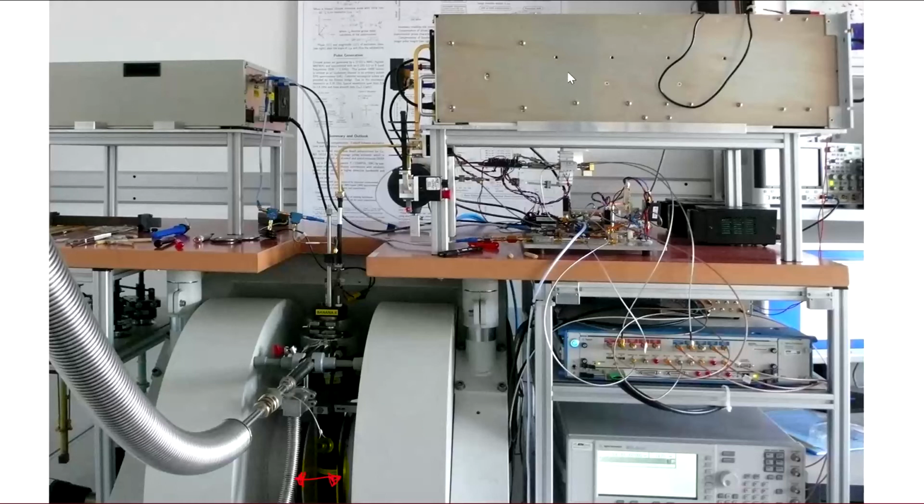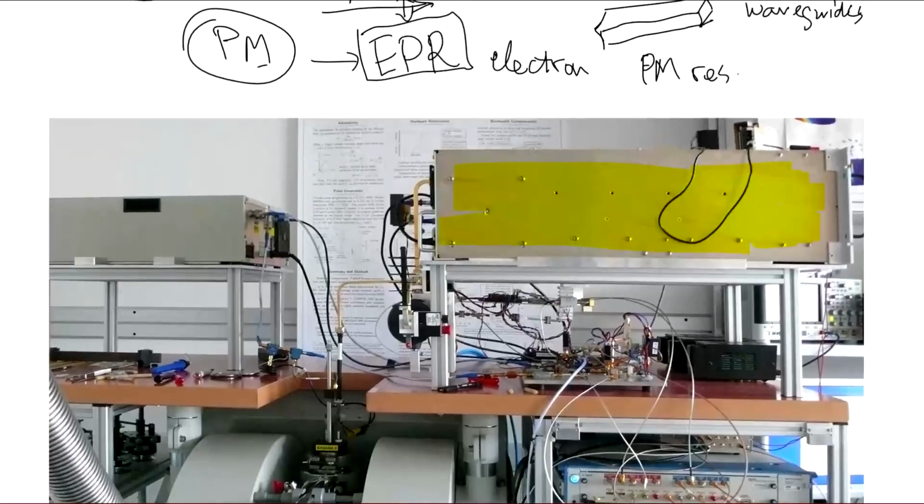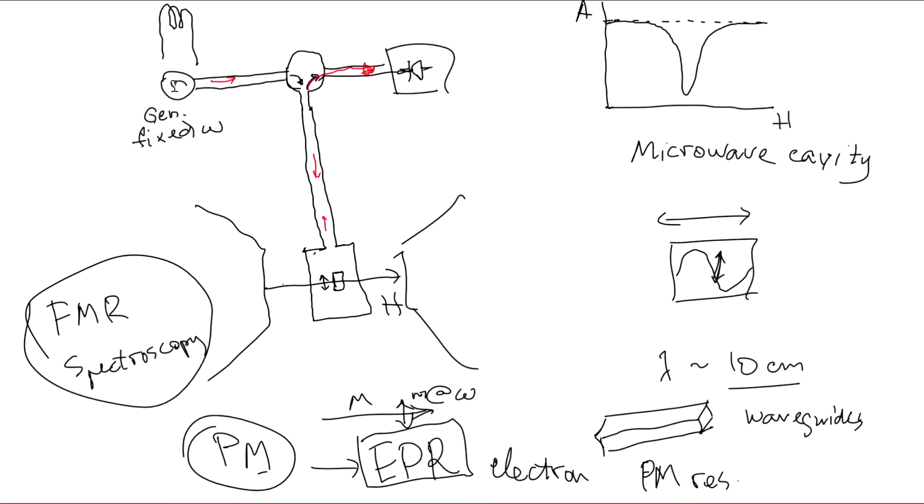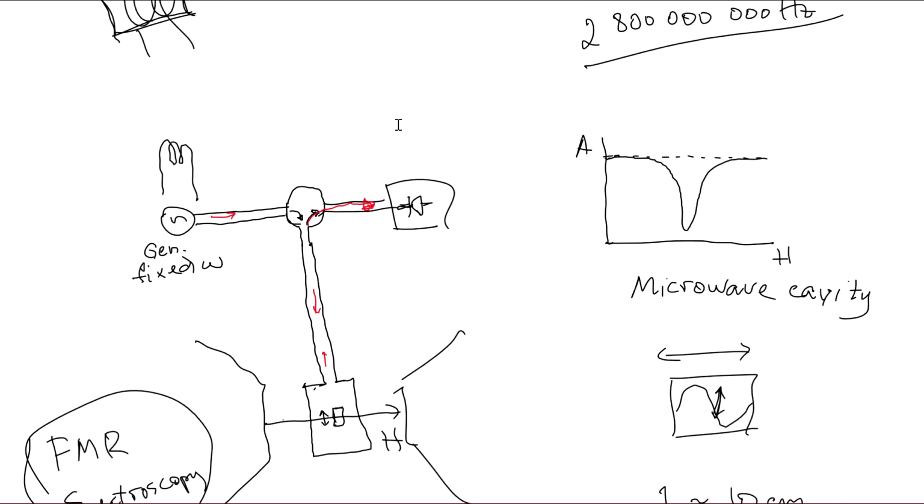Now there is this box here. This box is called a microwave bridge because in real life the system is more complex than just this. So there is a generator, a circulator, it goes back, but the signal is very hard to detect. So instead of having the line coming back, what is typically done is the following. The microwaves are split into two.